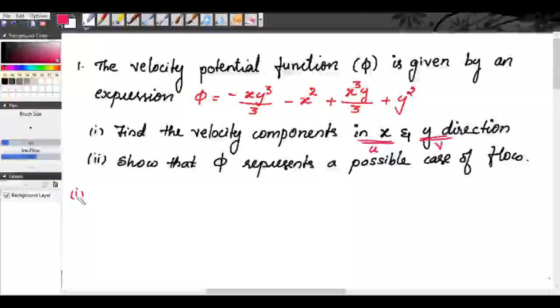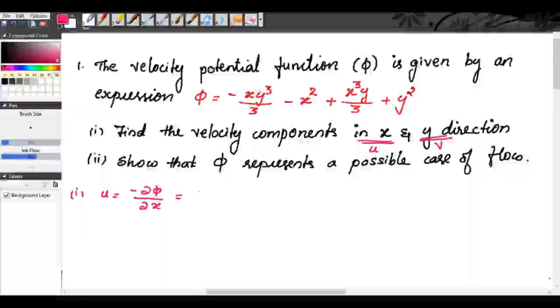So first of all, case 1. We have to find the velocity components in x and y direction. We need to find what is u and v. So we know u is equal to minus dou phi by dou x. Phi is equal to minus x y cube by 3 minus x square plus x cube y by 3 plus y square.